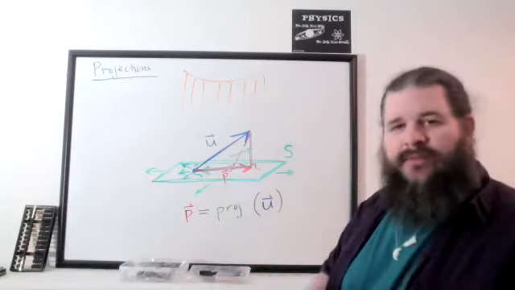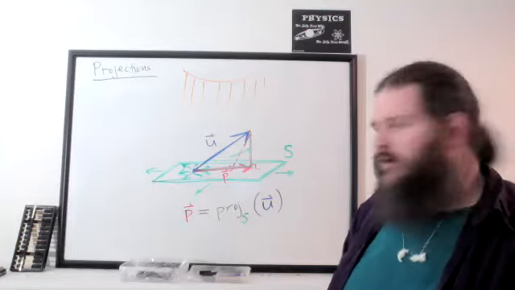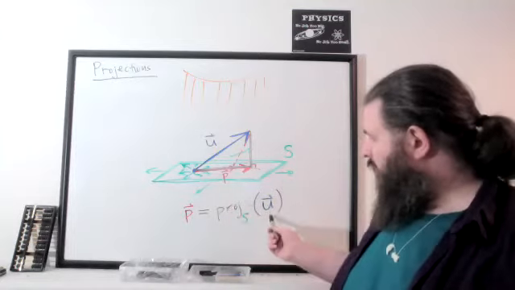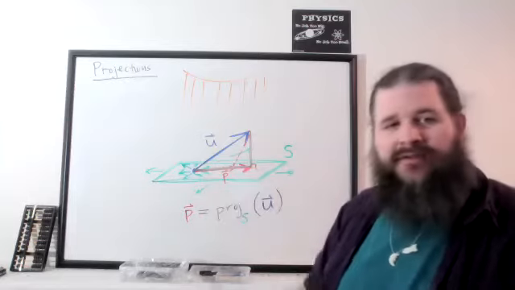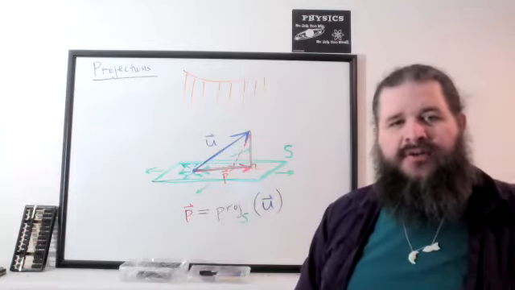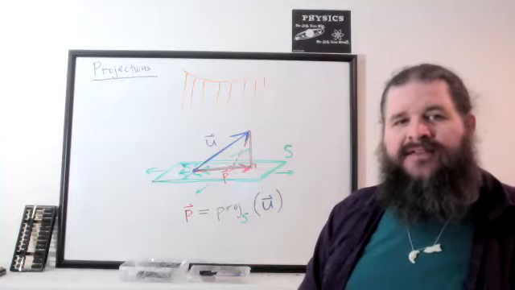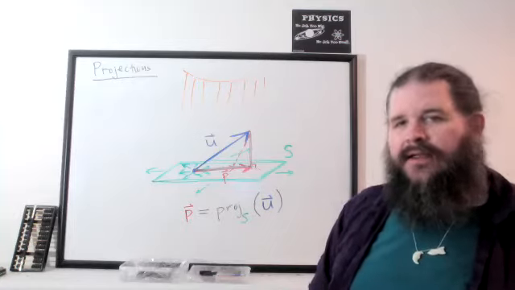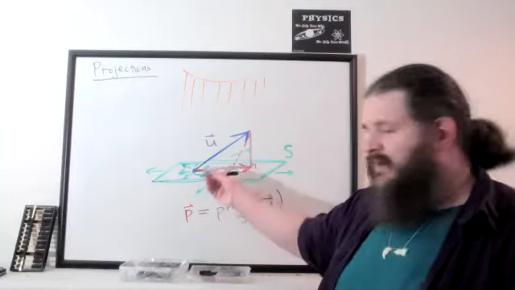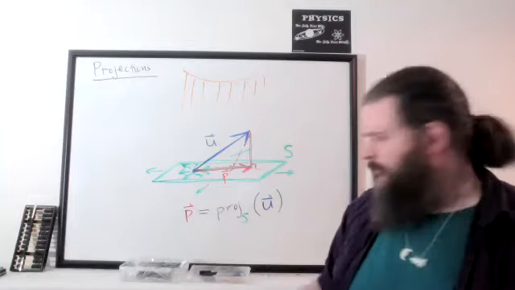The idea is that projection onto S is a function. Vector u is the input of that function, and vector p is the output of that function. So projection onto S is a function that takes any vector as input and gives you a vector specifically in set S as the output.